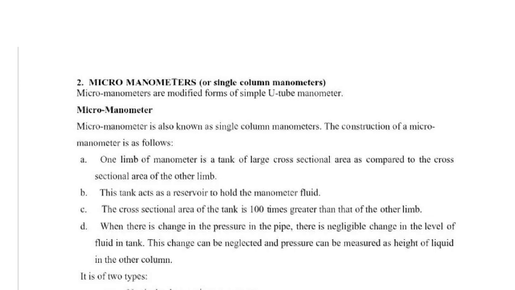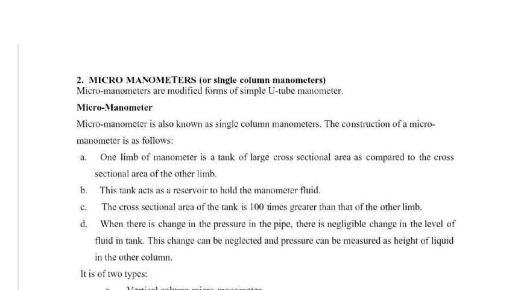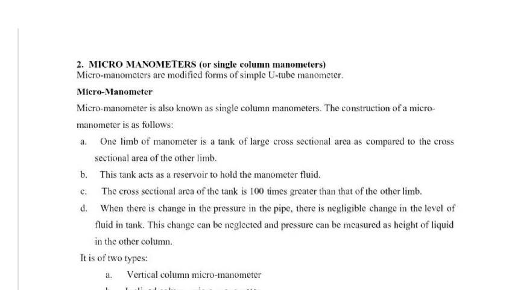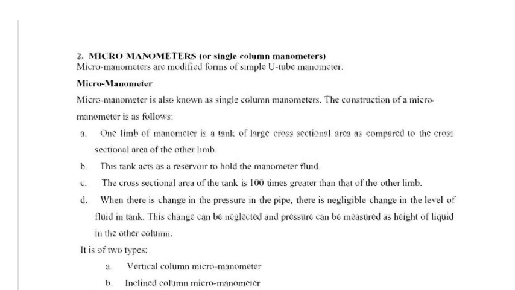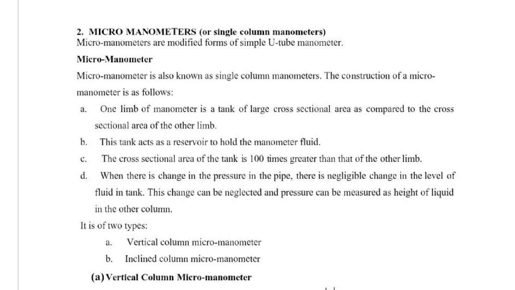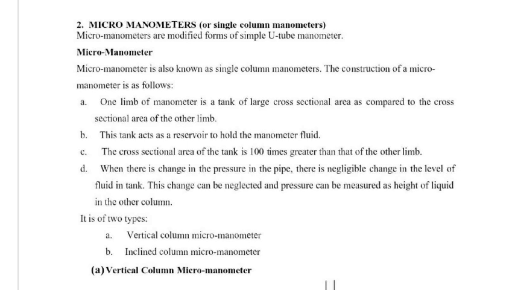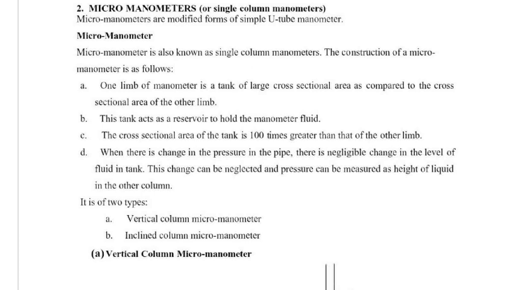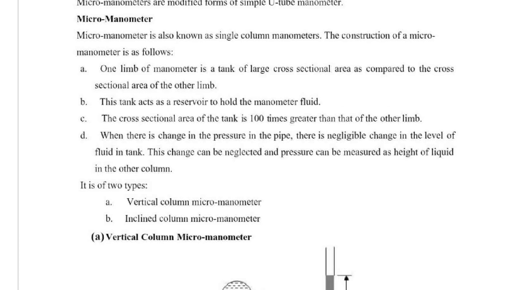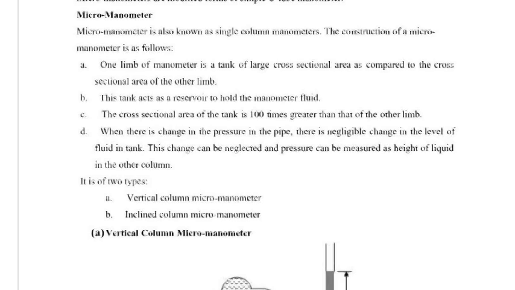There is a micro manometer or single column manometer. The micro manometer is a modification of the U-tube manometer. It is also known as a single column manometer. In its construction, one limb of the micro manometer is a tank of large cross-sectional area compared to the other limb. This tank acts as a reservoir to hold the manometer liquid. The cross-sectional area of the tank is 100 times greater than the other limb.